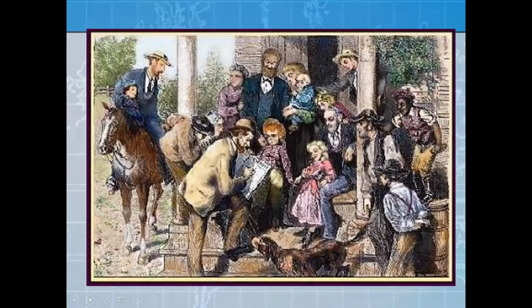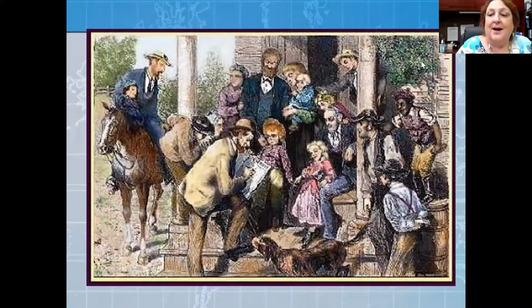Some didn't trust the government and believed it was a way to tax them, to draft them, or to control them. Some hid from the census takers, were just absent at the time that the census taker came, or lived in such remote areas that they were not found. Even so, it is the single most helpful tool in tracing your ancestor back in time.